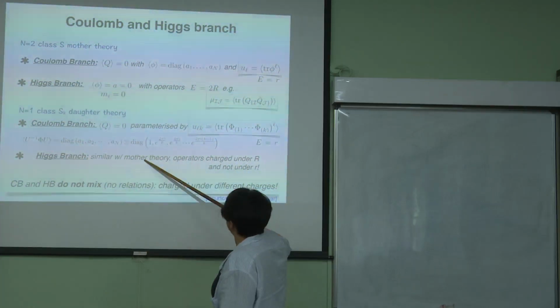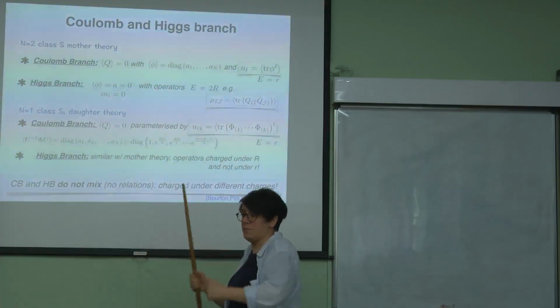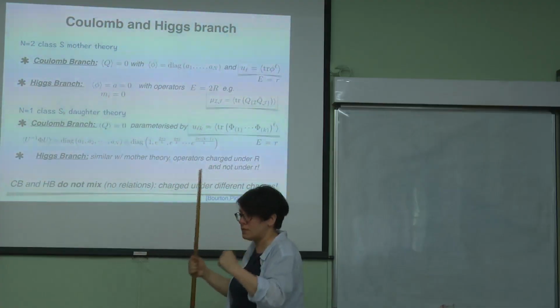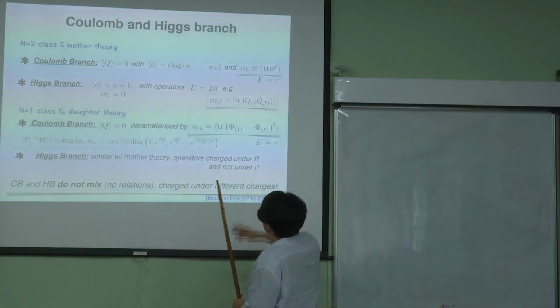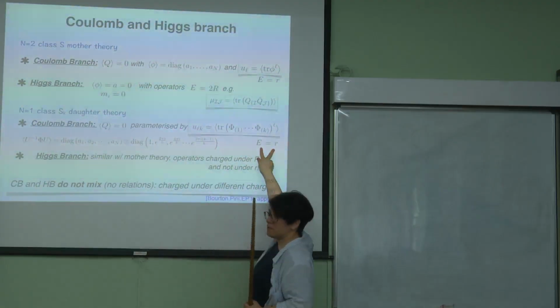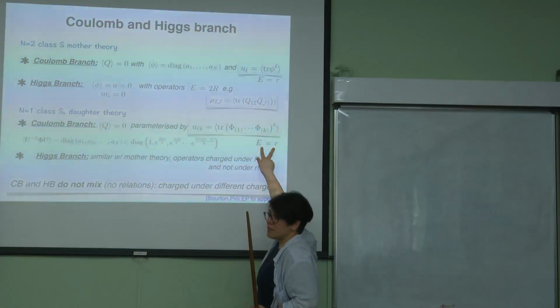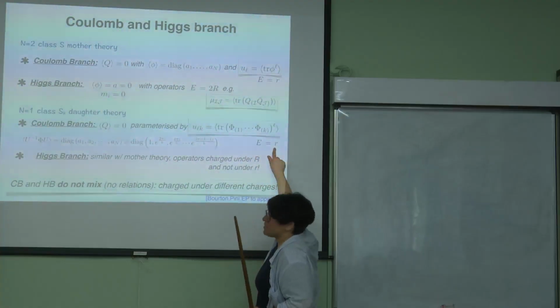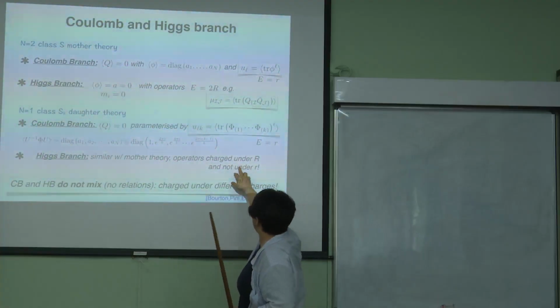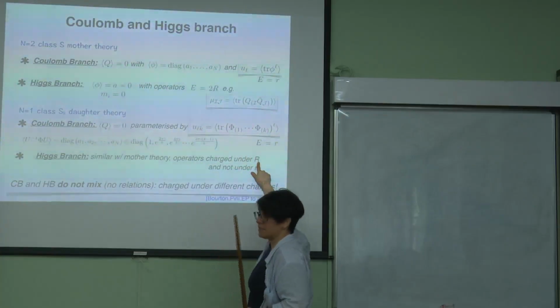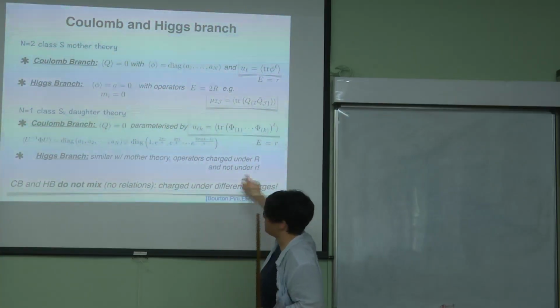So this thing, precisely because we have at least two U1s, I can always play this game and define my Coulomb branch to be made out of the operators that are charged under this one, and the Higgs branch, the ones that are charged under R and not under this little r.